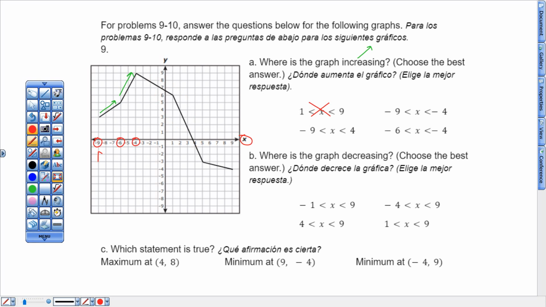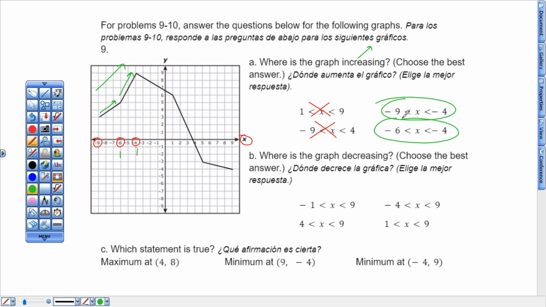So let's cross that one out. If I look at from negative 9 to negative 4, I got one stretch going uphill, so I'm going to say yes, that is good. And then from negative 6 to negative 4, that's describing that little stretch by itself, so that one's good.